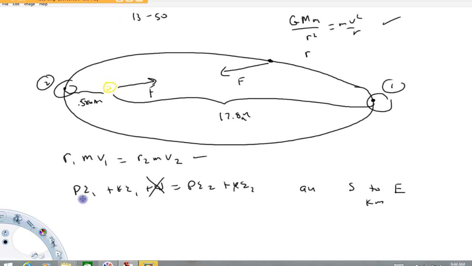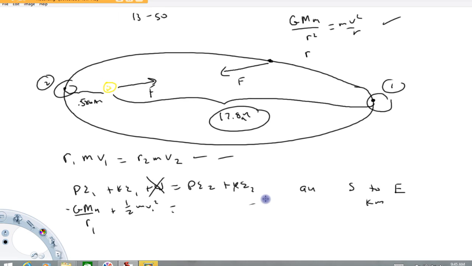So my PE1 term will look like minus G mass of the sun, mass of the comet, over R1, though you'd want to convert it to meters for this equation. There's a kinetic energy term, 1/2 mv1 squared, equals, and then you write out similar terms on the right-hand side. These two equations should be enough to answer whatever questions are asked in this problem.